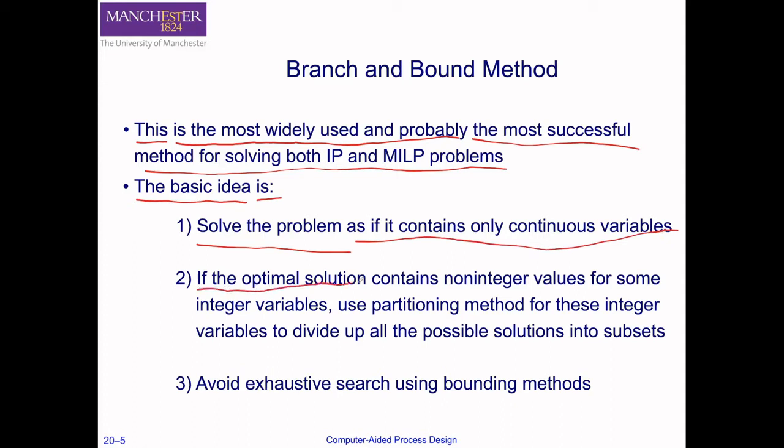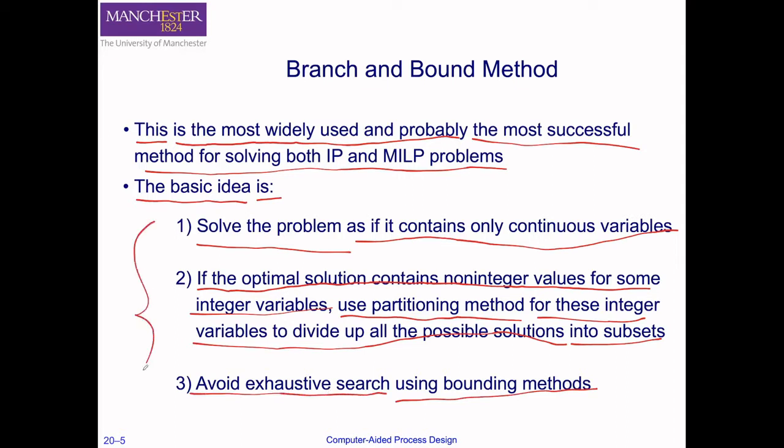If the optimal solution contains non-integer values for some integer variables, then use partitioning method for these integer variables to divide up all the possible solutions into subsets. This method also uses bounding methods to avoid exhaustive search. These are the basic ideas of this method.